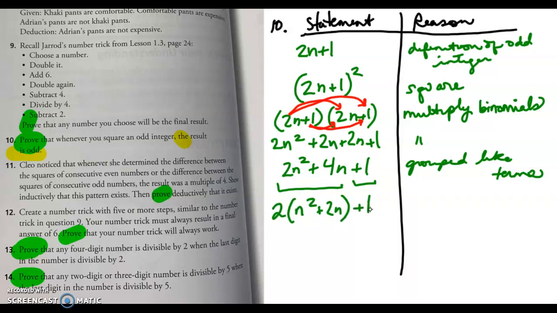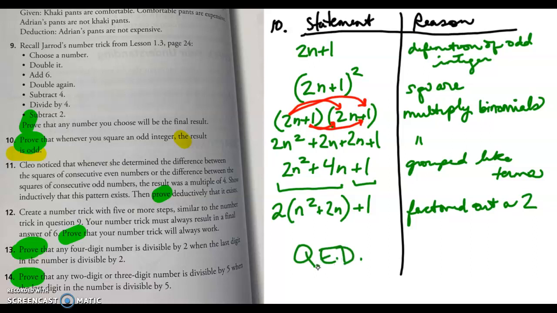Okay, so that's the definition of odd right there. We've got 2 multiplying by something plus 1. That's it, proved. So here what we did, we factored out a 2. And then when you're done a proof, when you've shown it, we can just say QED, that's a Latin term.